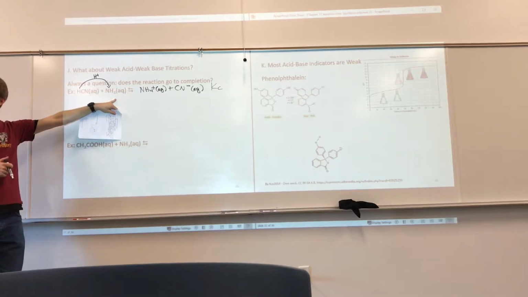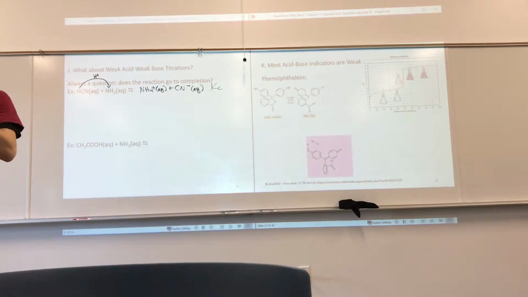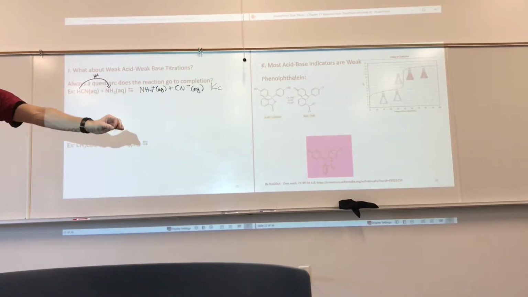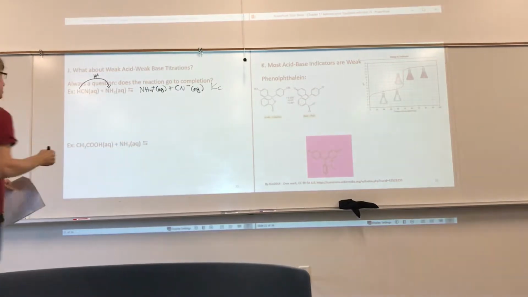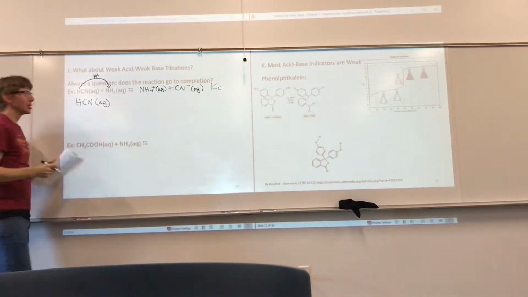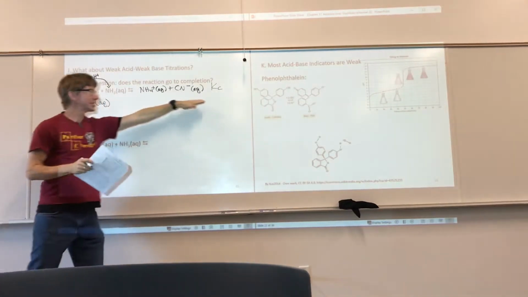And we will add reactions up to get an overall reaction just like Hess's law, which is coming back again when we get to thermodynamics this semester. But for adding reactions and equilibrium constants, what do we do with the equilibrium constants when we add reactions? We multiply them. Good. So I'm going to write out a Ka reaction for HCN. I'll write its Ka value.